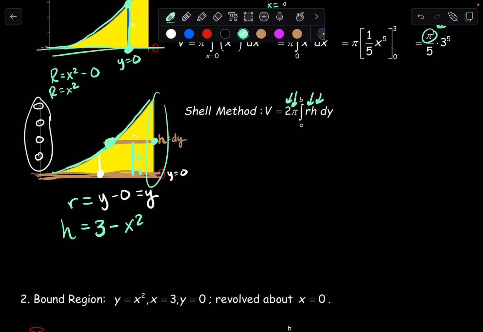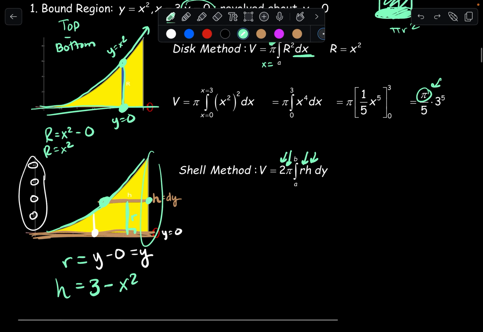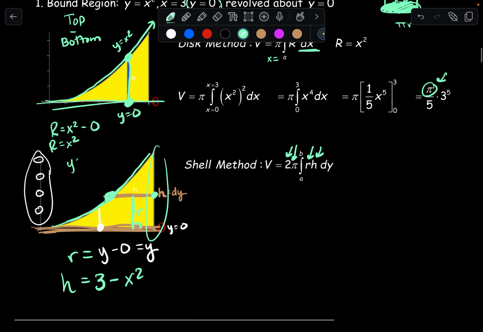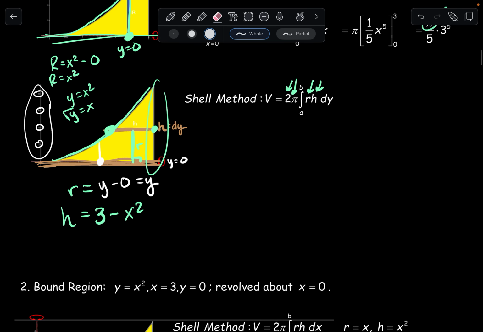Now, the problem here is that you cannot mix variables, all right? r has to be in terms of y, and h has to be in terms of y because they have to match the variable of integration, which is dy. Okay, so we had y equals x squared. Just take the square root of both sides. We get square root of y is equal to x. So now I can rewrite x as square root of y.